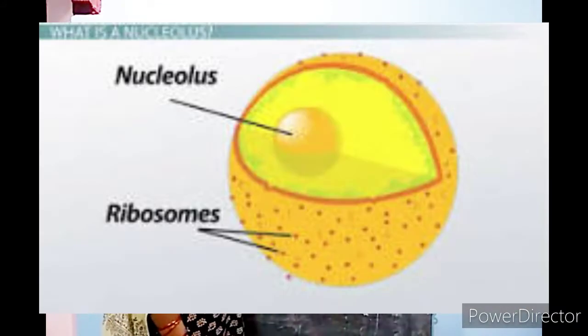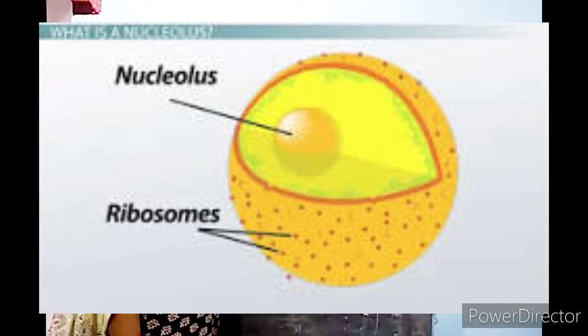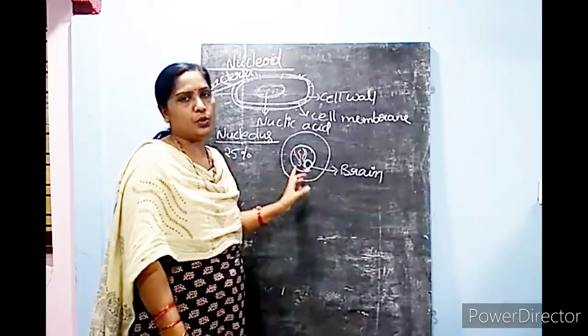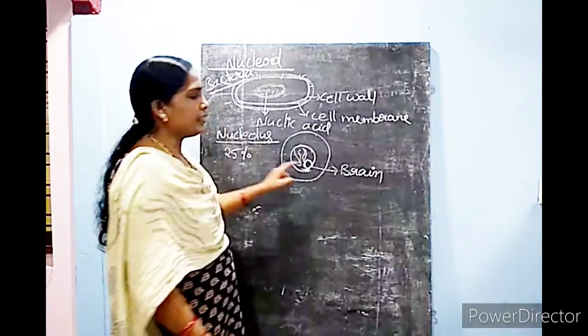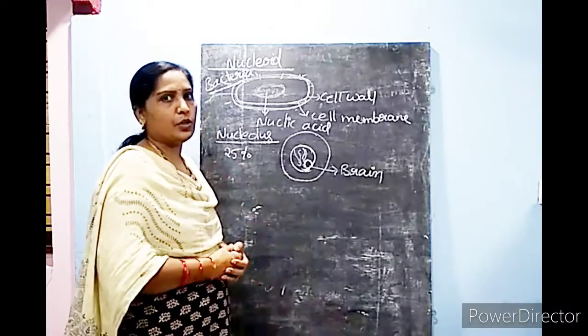It acts like the brain of the nucleus and gives instructions to the nucleus. It is present at a corner of the nucleus in the nucleoplasm, and it occupies 25% of the place.